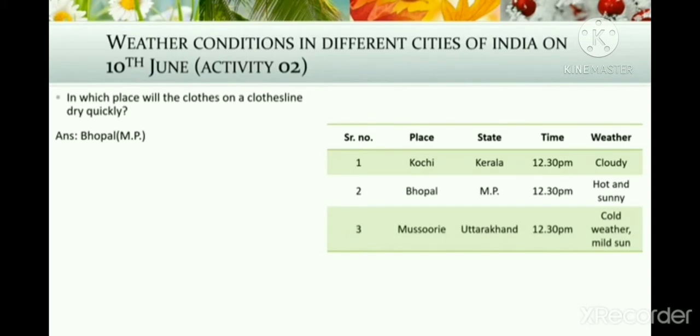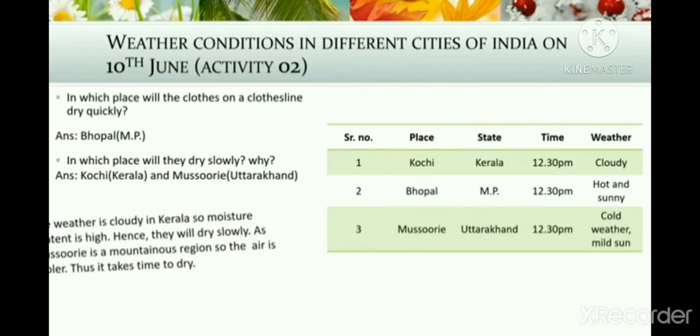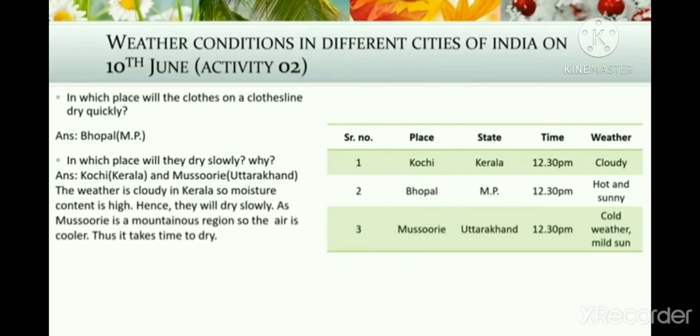According to the table, where will the clothes dry very fast? You tell me. Bhopal, in Madhya Pradesh, because the weather over there is hot and sunny.